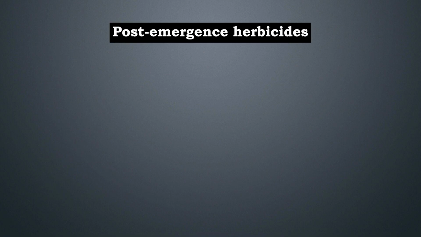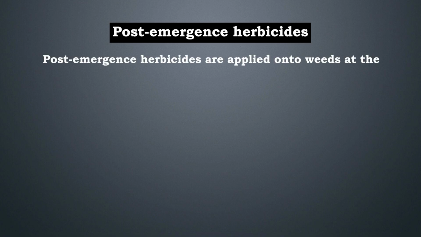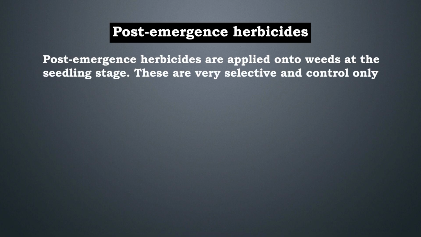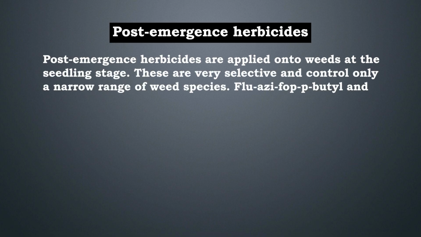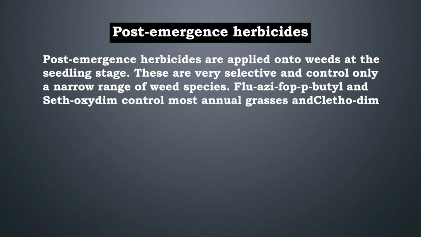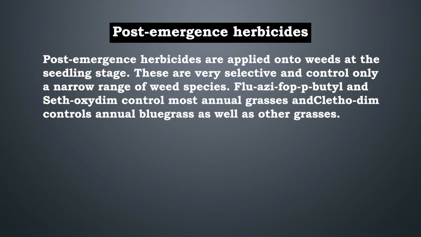Third, post-emergence herbicides. Post-emergence herbicides are applied onto weeds at the seedling stage. These are very selective and control only a narrow range of weed species. Fluazifop-P-butyl and sethoxydim control most annual grasses, and clethodim controls annual bluegrass as well as other grasses.